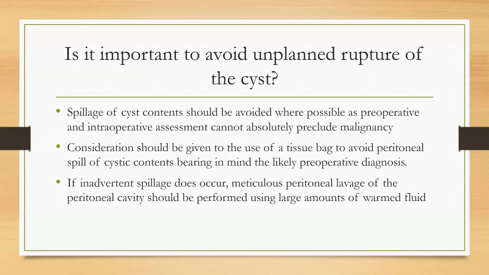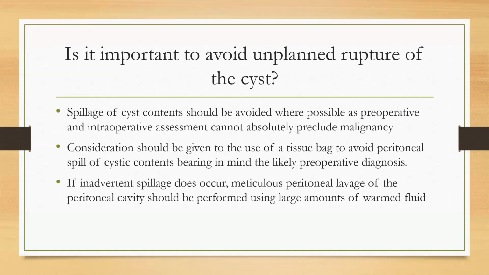So it is important to avoid unplanned rupture of the cyst. Spillage of cyst content, as I have mentioned, should be avoided where possible, as preoperative and intraoperative assessment cannot absolutely preclude malignancy. Consideration should be given to the use of a tissue bag to avoid peritoneal spill of cystic content, bearing in mind the likely preoperative diagnosis.